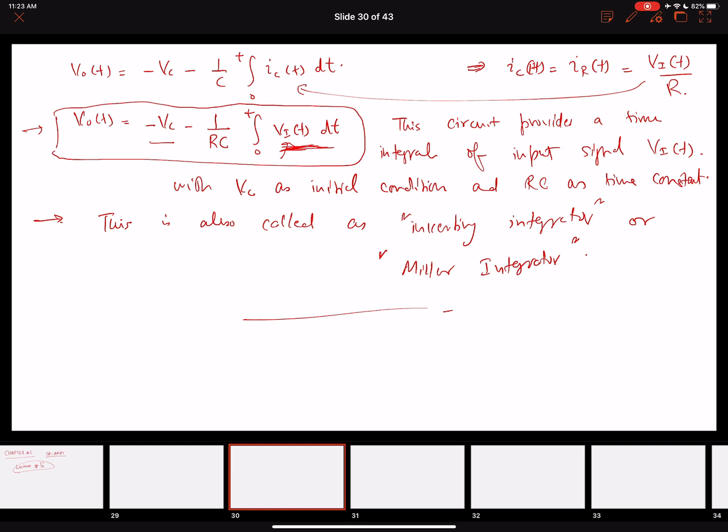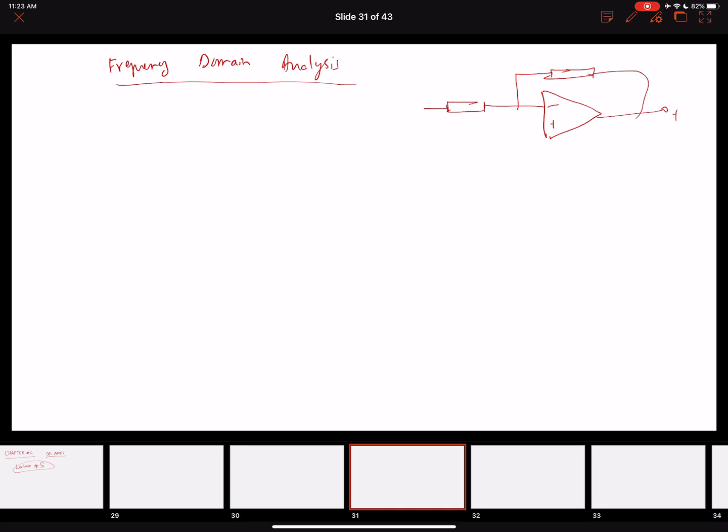All right. Frequency domain analysis. Before solving it for the frequency domain, I'm going to make it slightly simpler. VI is the input.